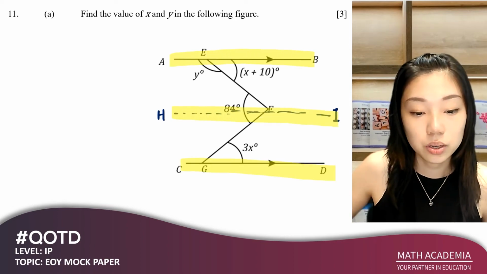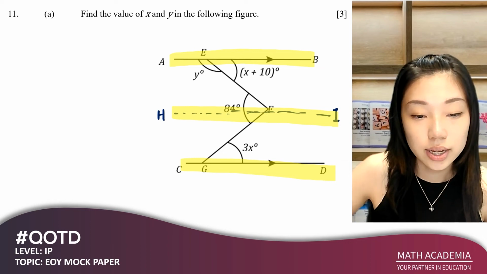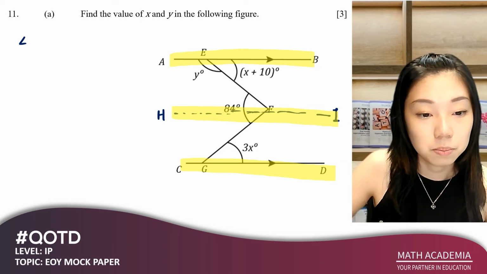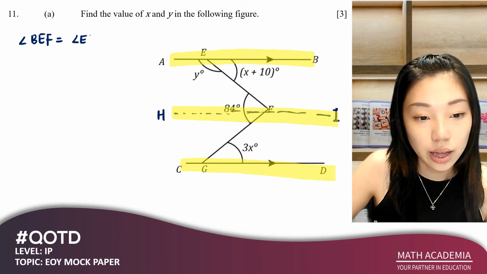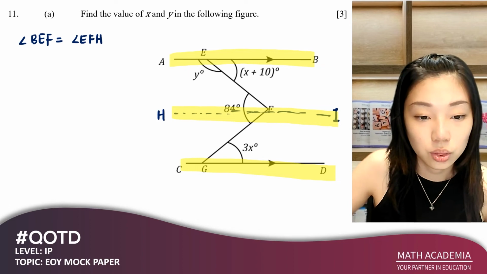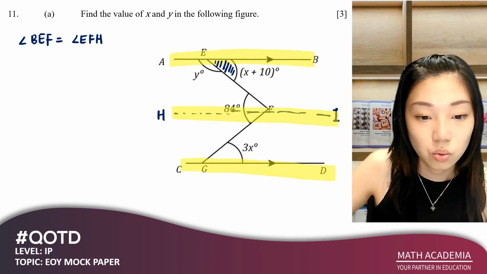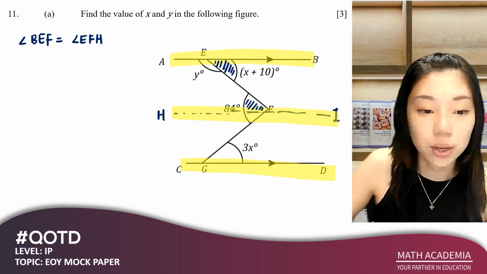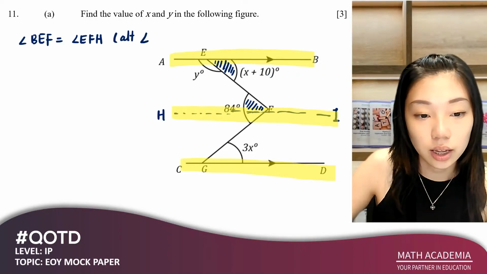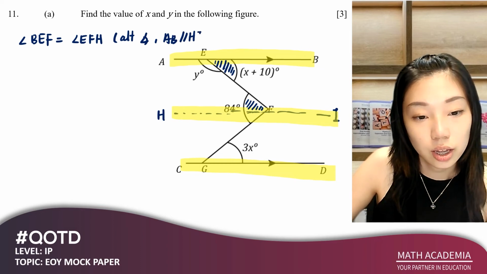If I annotate, I will realize that angle BEF would equal angle EFH. So this angle over here would equal this angle over here. Why? Because they are alternate angles where AB is parallel to HI.